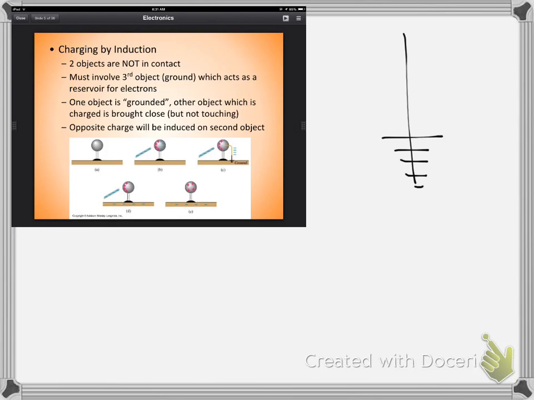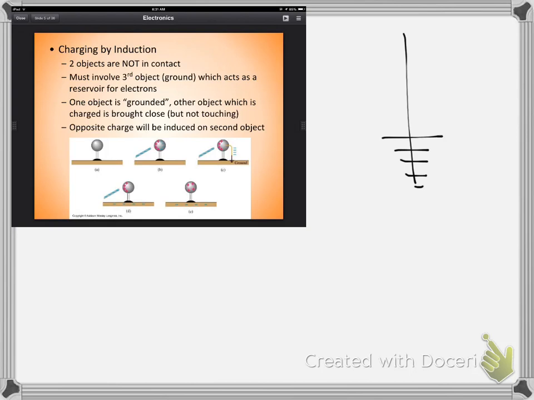So if we have this object that's charged and this object that's neutral, but is connected to the ground somehow, if we bring this one close to this second object, not touching, but close, then if this has got excess electrons, we will essentially push the electrons off of this one. Because like charges do what? Repel. So we'll push the electrons off of this and down into the ground, whatever we're using for ground.